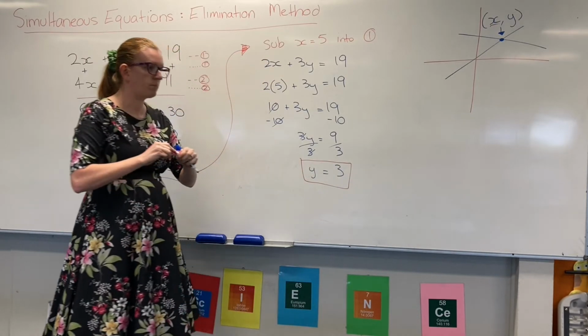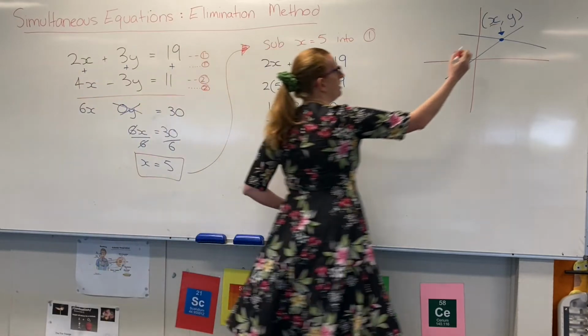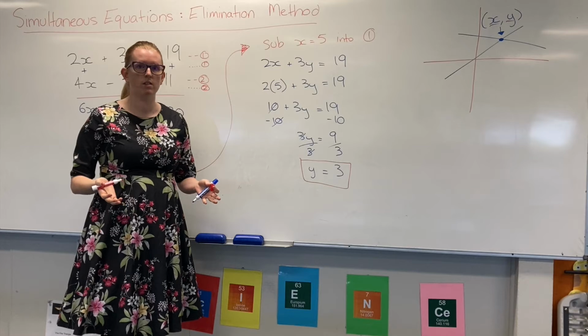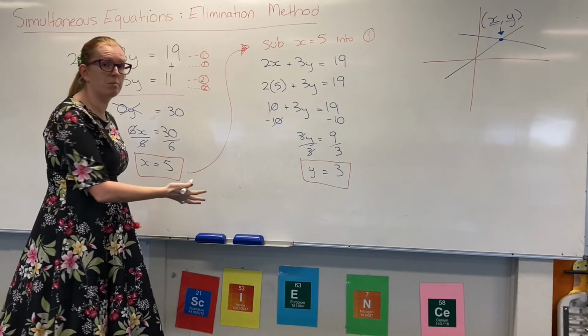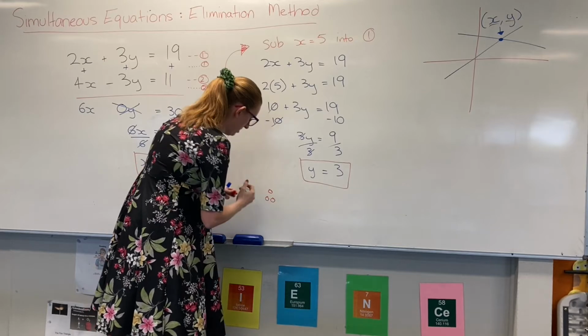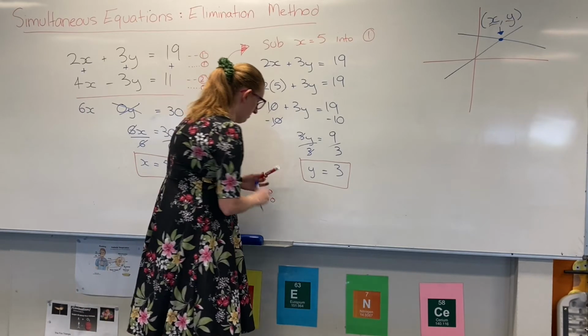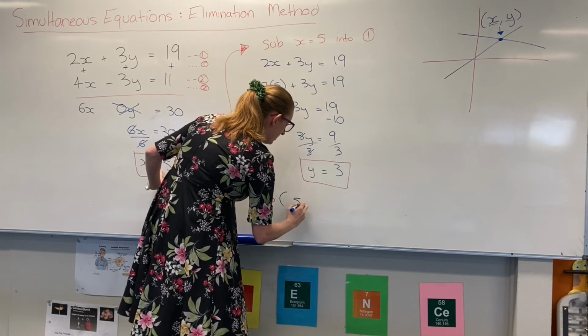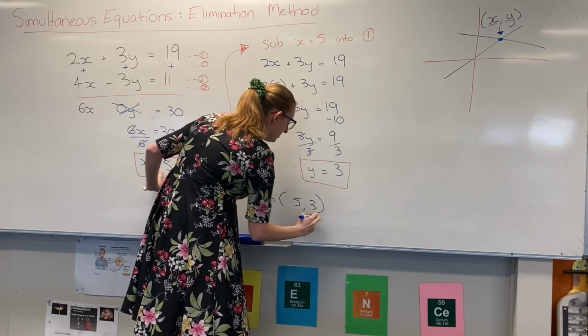But yes, I found x and y, but I need to write a concluding sentence to show that I found my two answers. So I'm going to write, therefore, the answer is 5, 3.